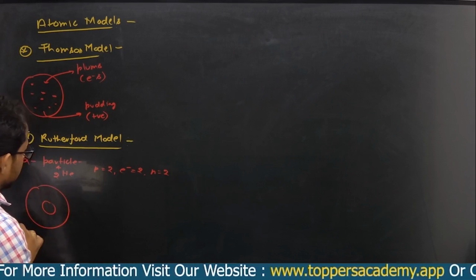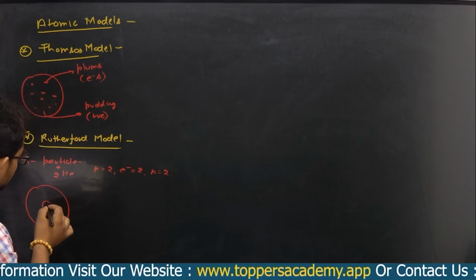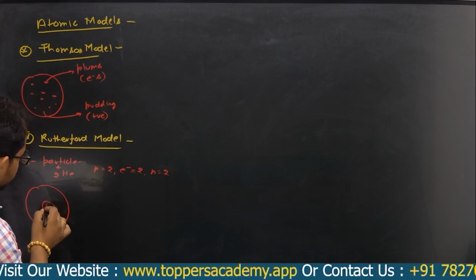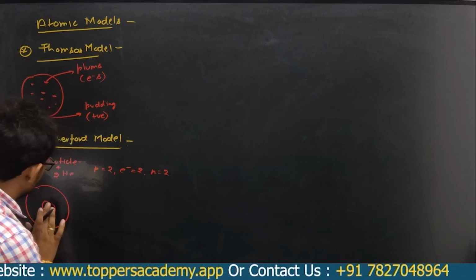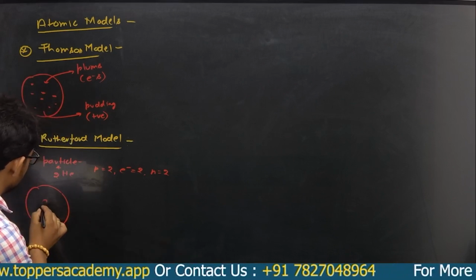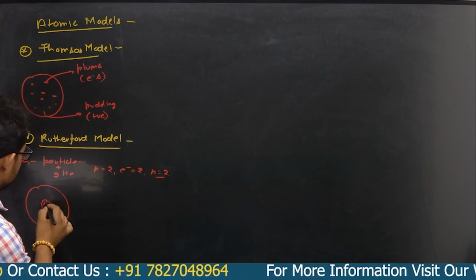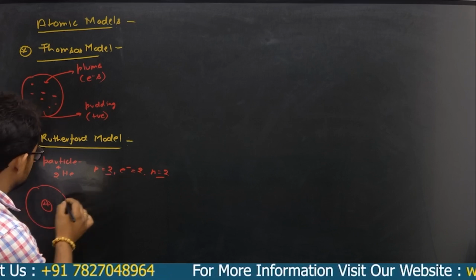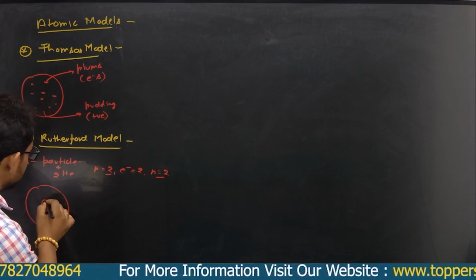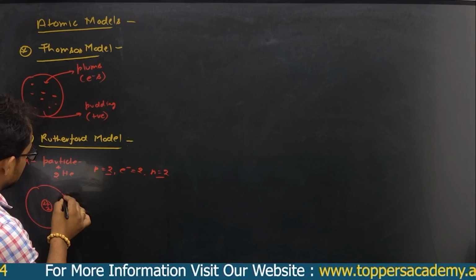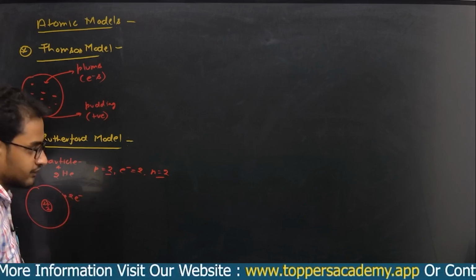So let me show it diagrammatically. The neutrons and protons are present here. I am going to write here the number of neutrons, that is 2, the number of protons, that is 2, 2 protons, 2 neutrons, and here 2 electrons.